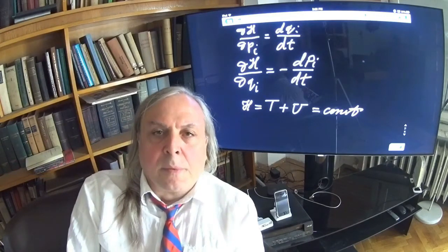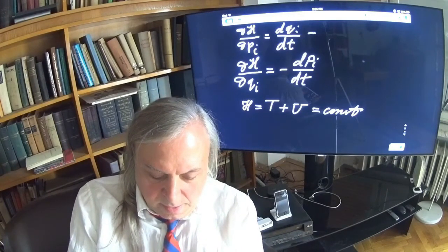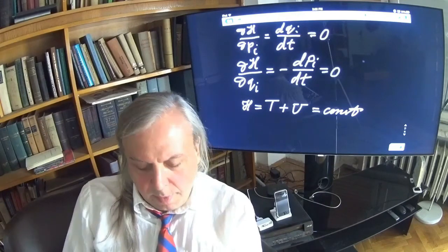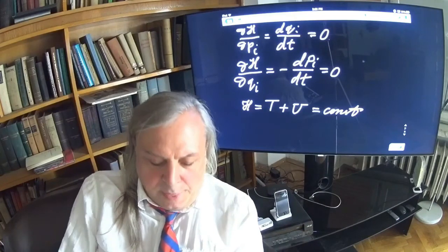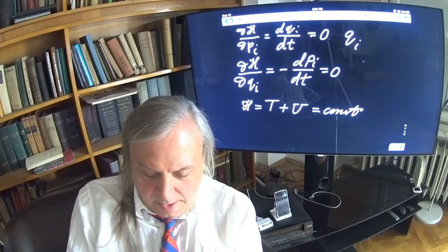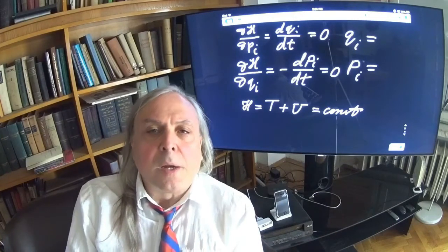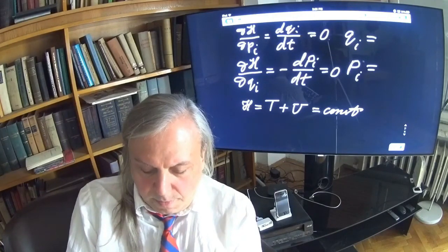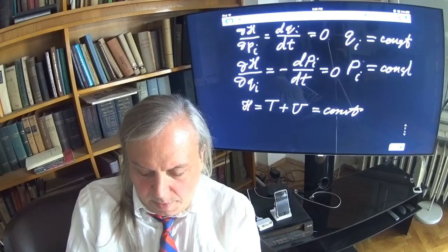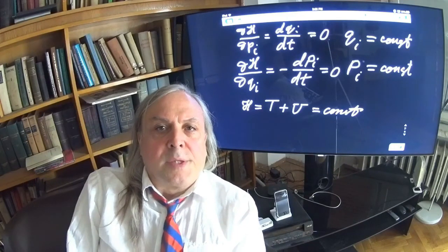But if H, the total energy of the system, is a constant, then these equations are equal to 0. But if that is true, then the generalized coordinates and the generalized momenta are constants, which means that the system is at rest.